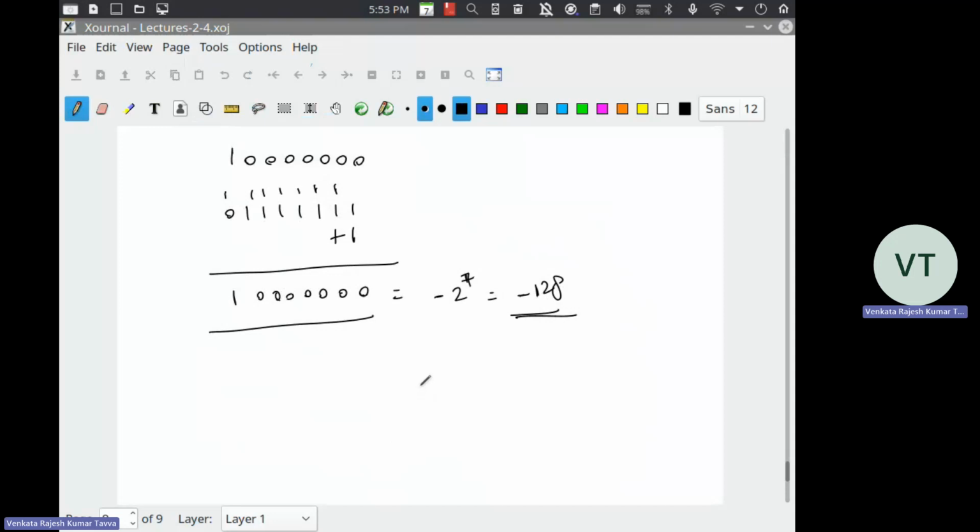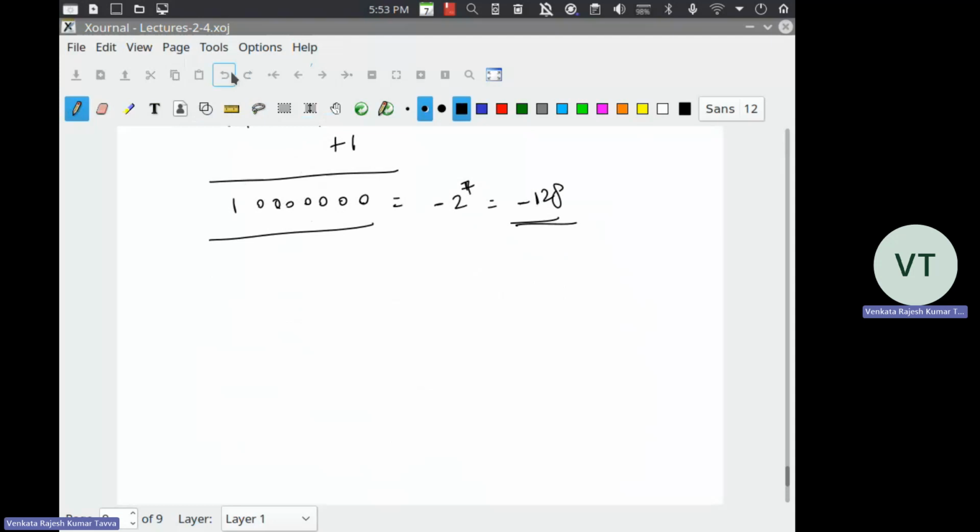When you have the 2's complement of a number, particularly a negative number, the place values go from 2 power 0, 2 power 1, 2 square, 2 cube, 2 power 4, 2 power 5, 2 power 6, and this will be minus 2 power 7. So the last bit is called the MSB, or most significant bit. This is called the LSB, least significant bit.